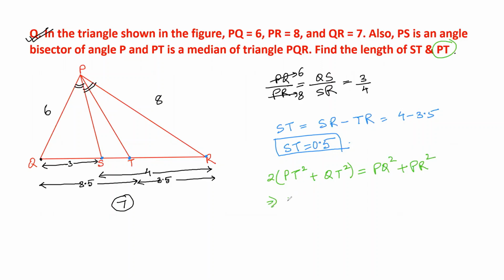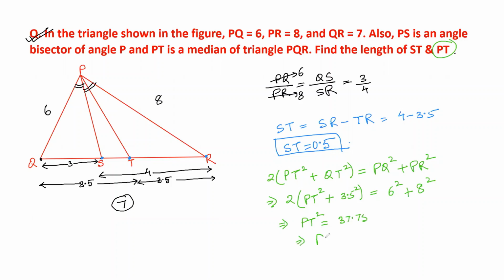Now, if we put the values, in that case, this would be twice of PT square plus the length of QT is 3.5 units, so this would be 3.5 square, equal to the length of PQ, which is 6, so this would be 6 square, plus PR is 8, so this would be 8 square. Now, if we simplify this, in that case, PT square would be equal to 37.75.